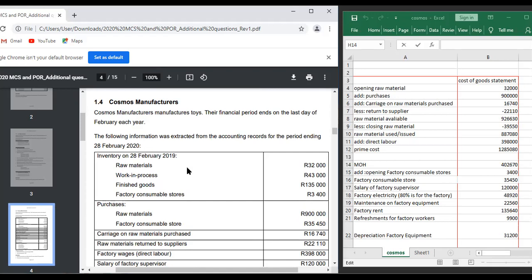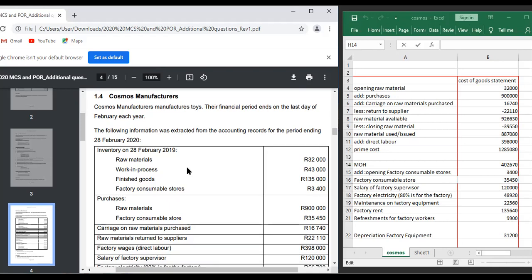This one is the beginning of the year, the end of the previous financial year. So these figures are our opening figures: raw materials, work in progress, finished goods, factory consumable stores.